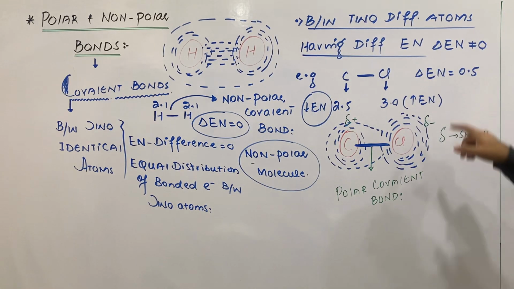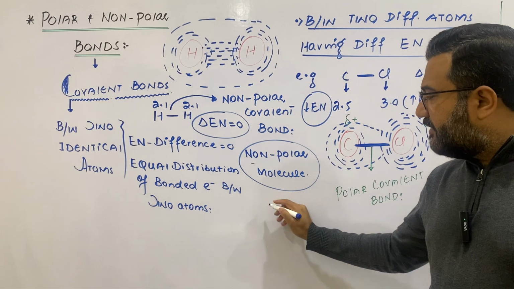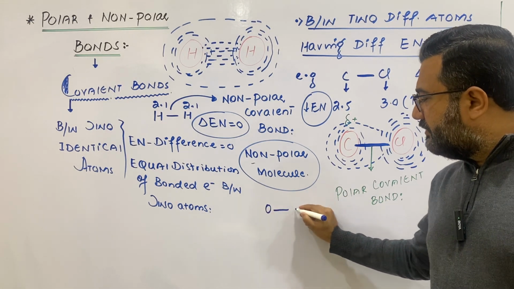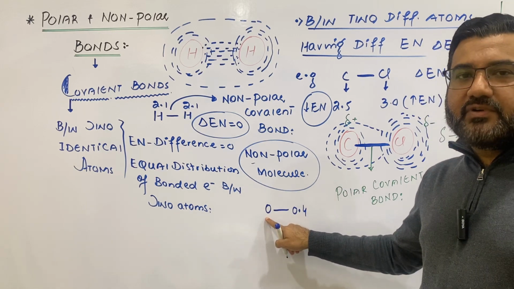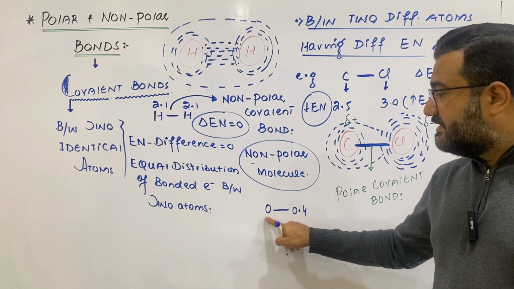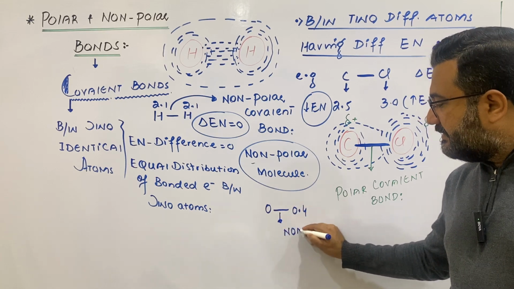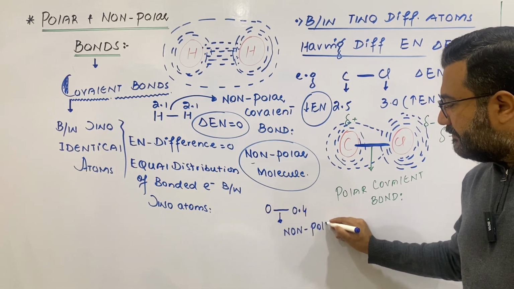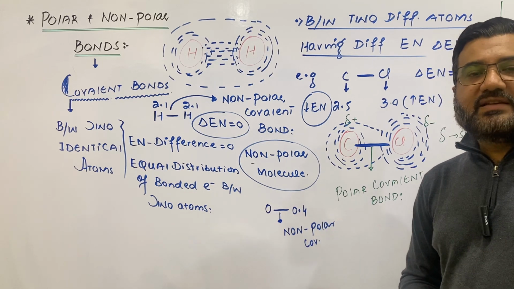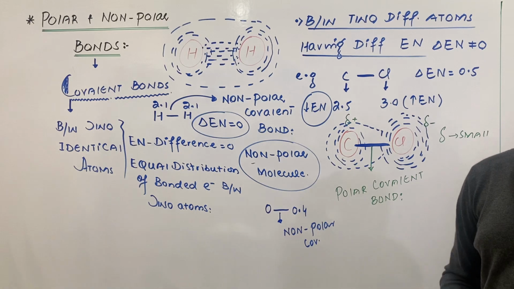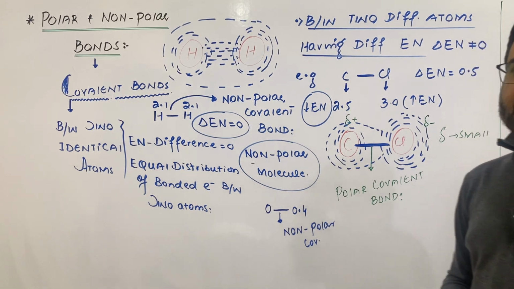But as far as the difference of electronegativities is concerned, it is recommended by the IUPAC that if the difference of electronegativity between two bonded atoms is from 0 to 0.4, that will be considered a non-polar covalent bond. A bond will be considered polar if the difference of electronegativity between two bonded atoms is greater than 0.4.